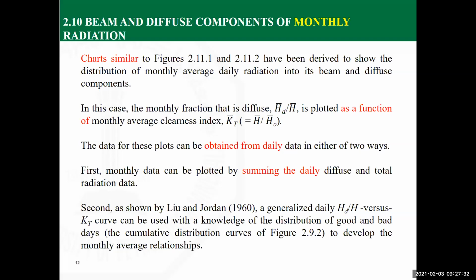This can be found either from equations, tables, or charts. These data are collected from daily data, either by summation of the daily data or some sort of processing through a generalized daily curve of HD over H versus KT.